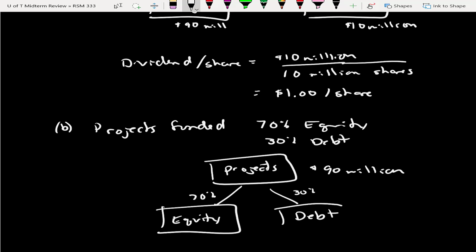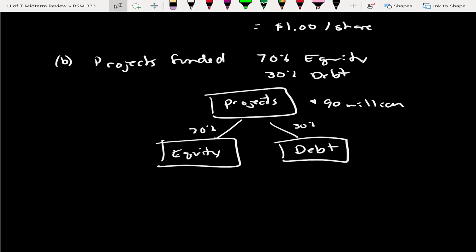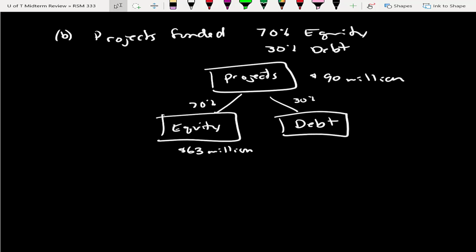So this is, regardless of the cash you have on hand, that's the ratio they want to keep on their capital structure. So what this means is they need to fund 70% of 90 million, which is $63 million by equity. And what is equity?